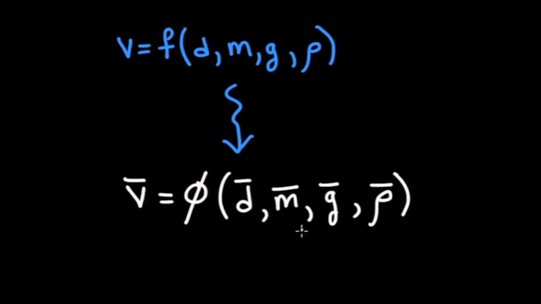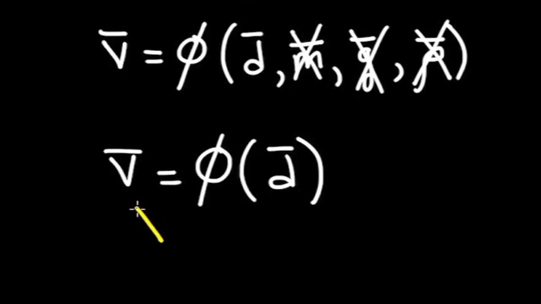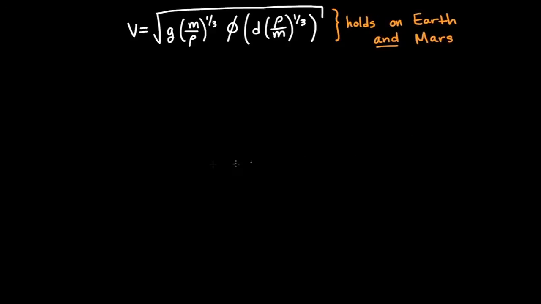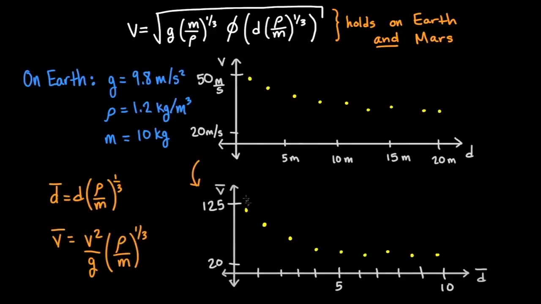Producing a functional relationship between the dimensionless dependent variable in terms of the remaining independent dimensionless expressions. 5. Rearranging to determine a formula for the variable of interest. And 6. Performing experiments to determine the form of the general real-valued function that appears in that formula.